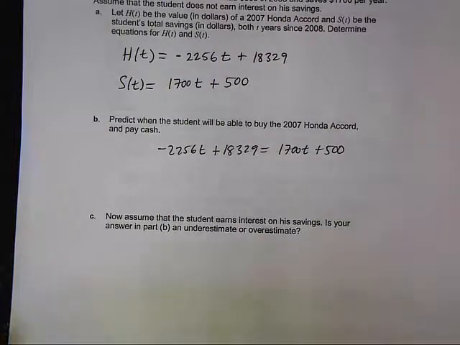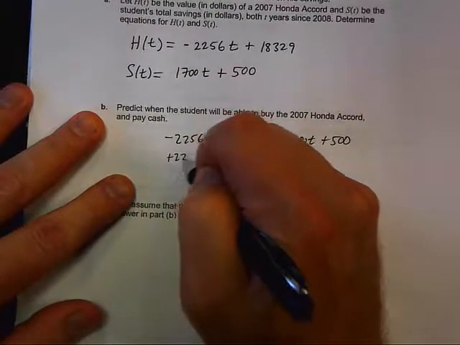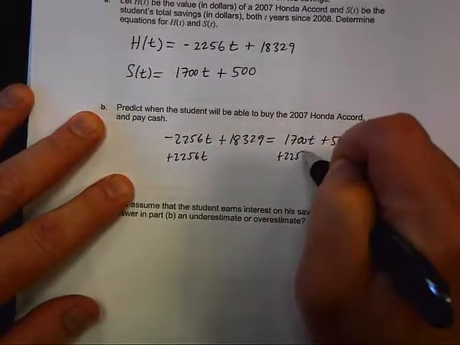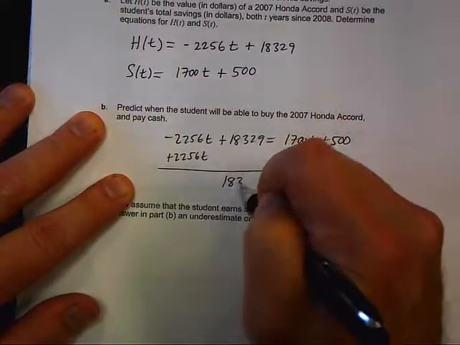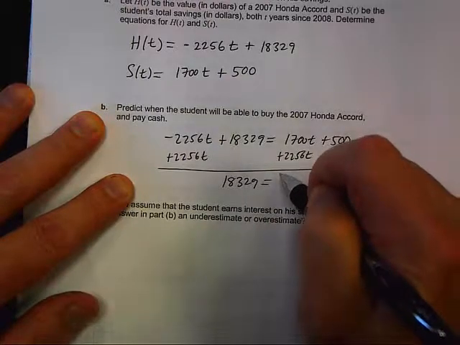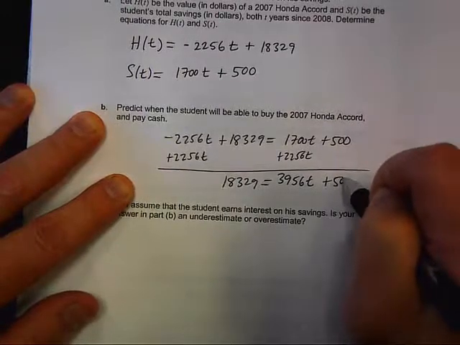How do you solve that equation? You chose to do plus 2256t on both sides? Because you don't like negatives? That's as good an answer as any. 18329 equals 3956t plus 500.